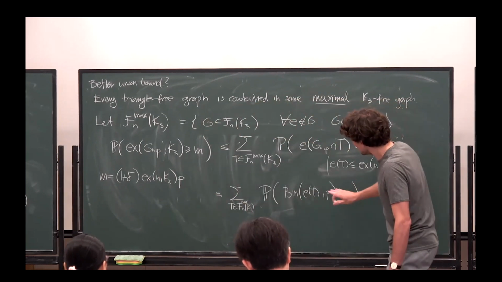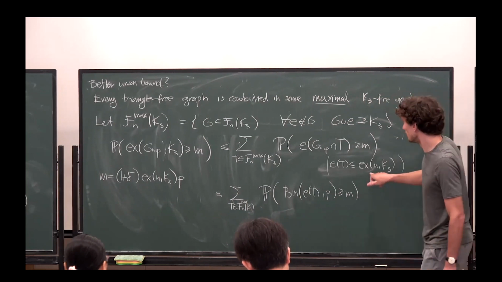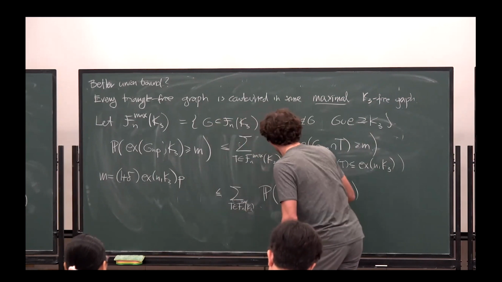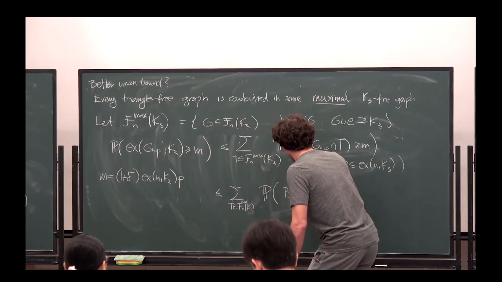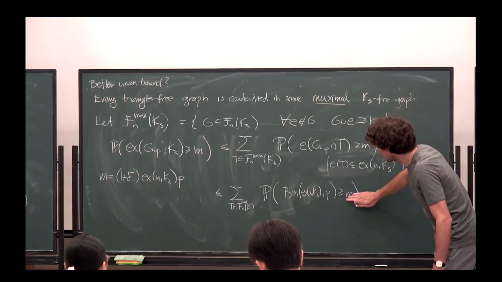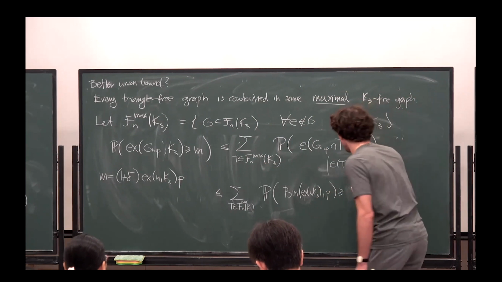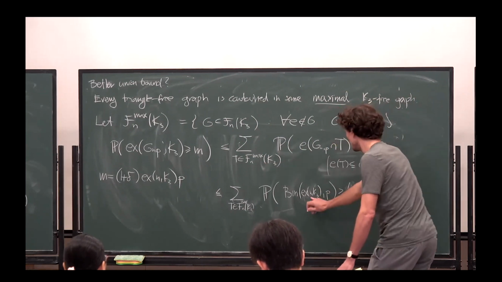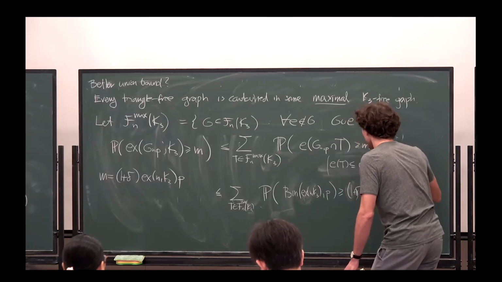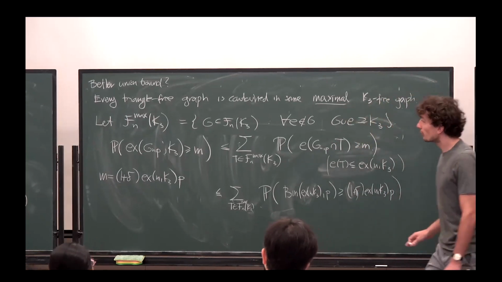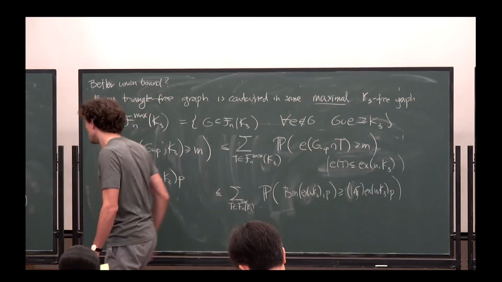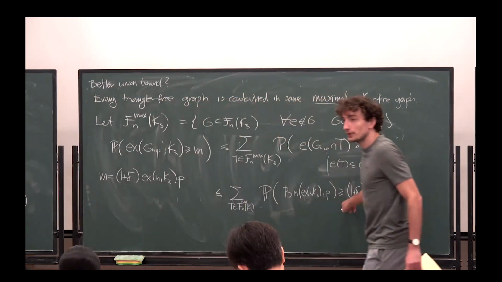However, e(T) is at most this extremal number, so I can bound it from above if I increase the number of trials. But m now is 1 plus delta times the expectation of this variable. So by our second corollary, we know that this is already exponentially unlikely.